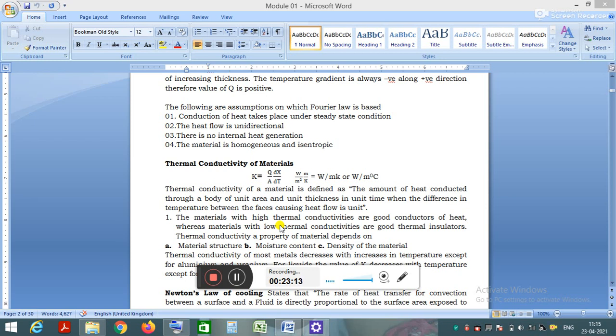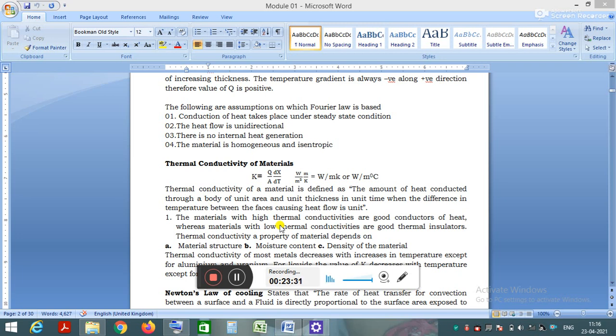It is the amount of heat which is conducted through a body having unit cross sectional area, unit thickness, that means 1 meter square of area, 1 meter of thickness, in unit time, nothing but 1 second.